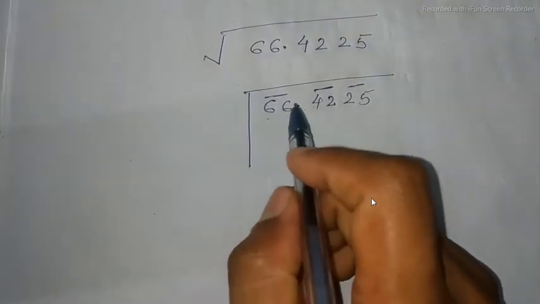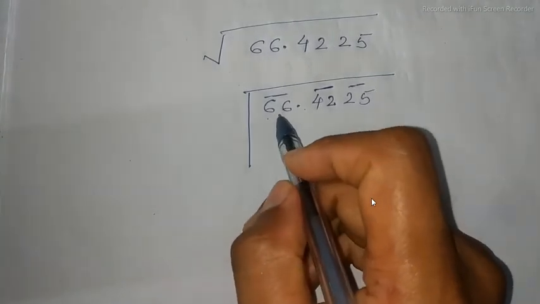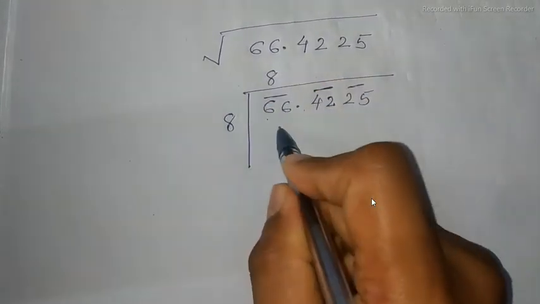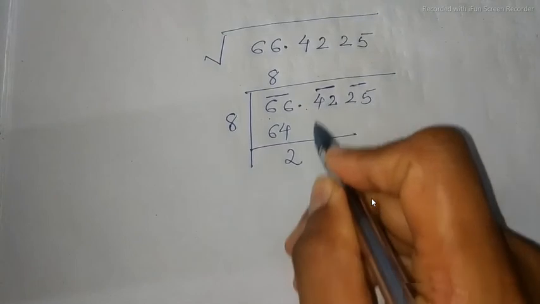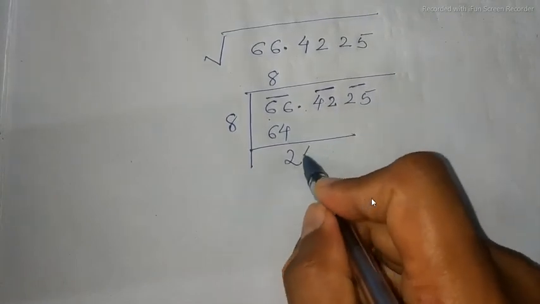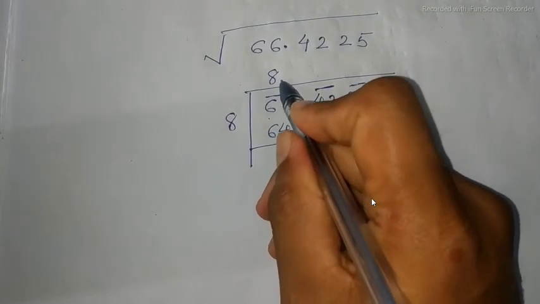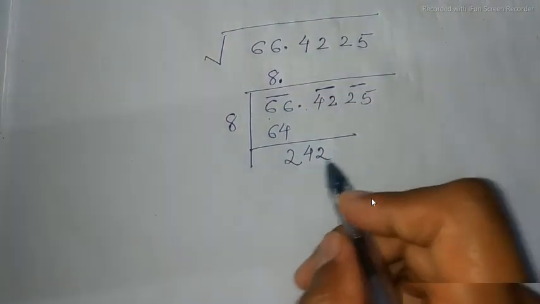So 66. 64 will be the nearest perfect square to 66. So 8 8s are 64. 2 remains, and the next pair comes. Since we are taking the pair from the decimal portion, our decimal point will be here, 240.